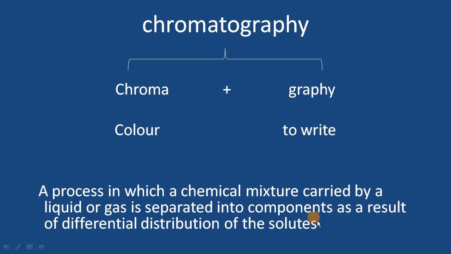And what is the principle of separation? It is a result of differential distribution of the solutes. This is the principle, right? So in this technique, you are separating solutes from the mixture of solutes.